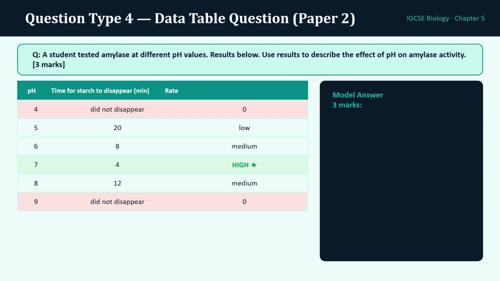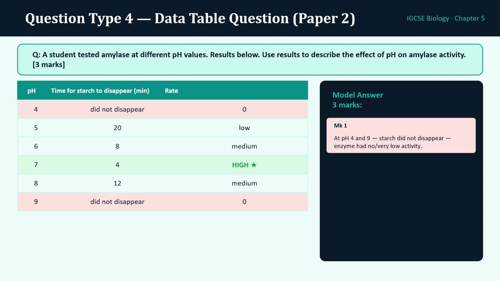At pH 7, starch disappeared in only 4 minutes. So this is the fastest reaction. This is the optimum pH for amylase. Above pH 7, like at pH 8 and 9, time increased again because activity fell. So the model answer is: Mark 1.